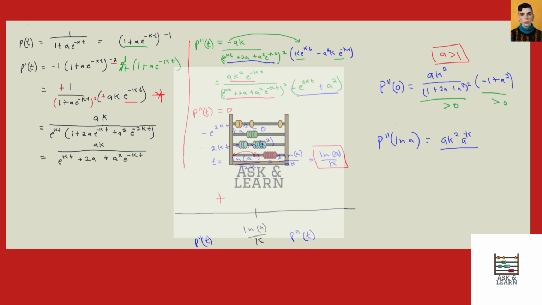And then in the denominator, it's going to give us a to the k plus 2a plus a to the negative k. So it should be a squared a to the negative k. And then all of this here is going to be squared.